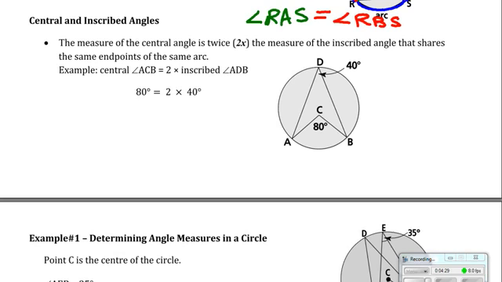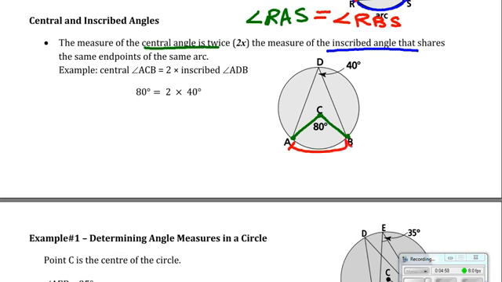The second property we need to deal with says that the measure of the central angle, so remember central angle goes through the center of the circle, is twice or 2 times the measure of the inscribed angle that has the same arc. So the arc for this central angle is A to B. That's the pizza crust for that angle.